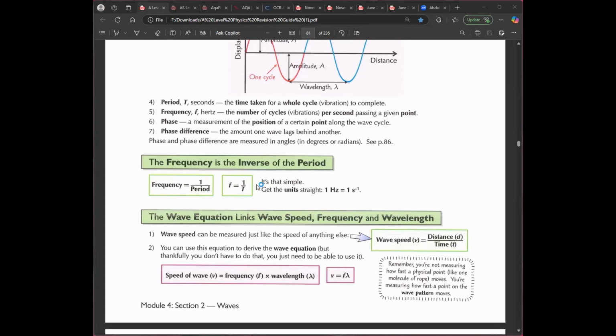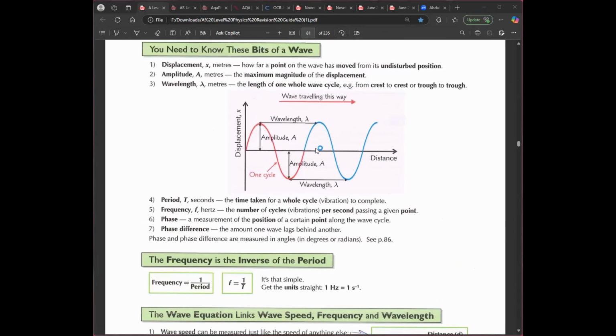But coming to the wave equation, that is the second equation that we encounter, and it is derived from just the formula for speed, which is distance over time. We now know that for a whole wave to have passed, the time it takes is the total period. So you can replace time by capital T, which is period, and the distance that would have passed would be one wavelength, as I said.